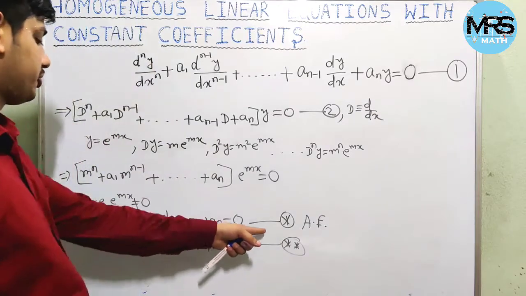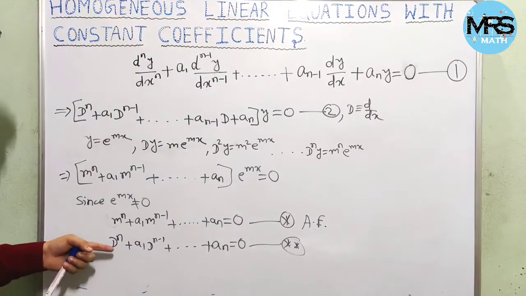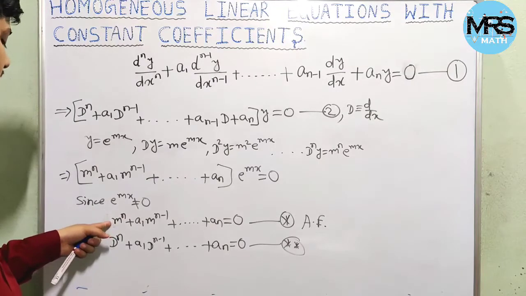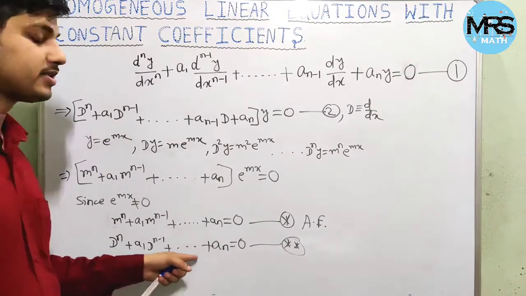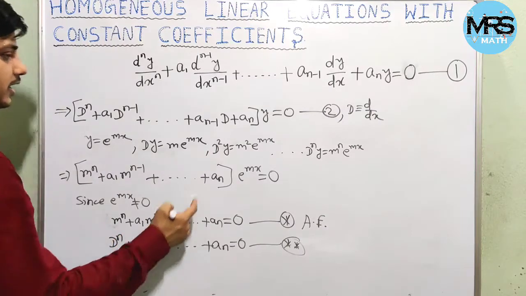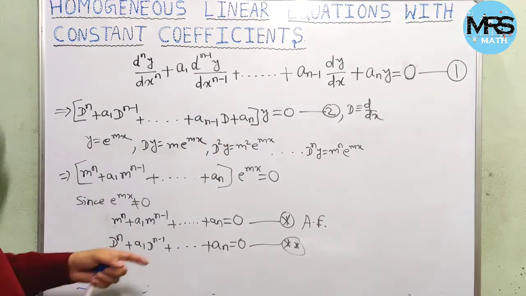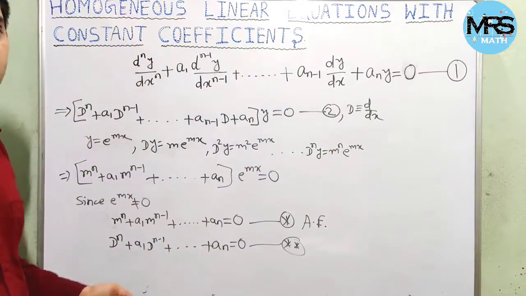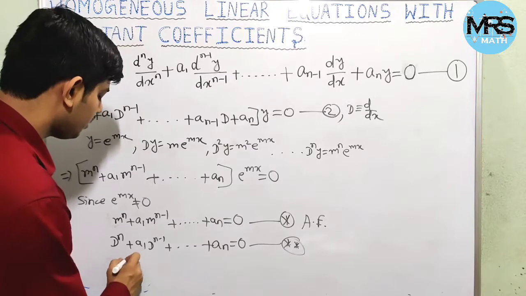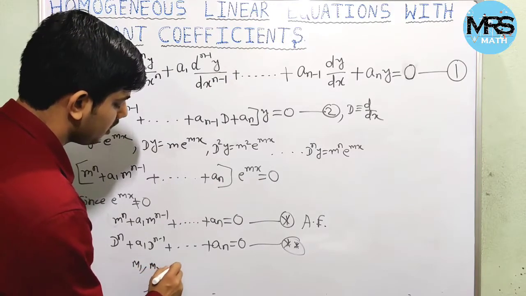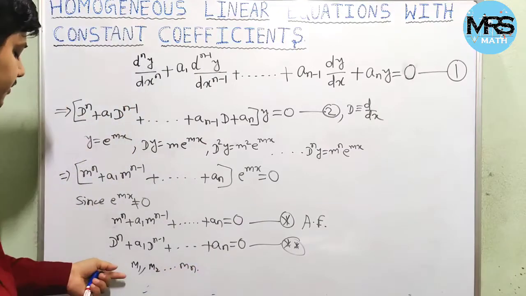So this equation star and double star will give the same value for m and for D. So this is the auxiliary equation for equation number 2 or equation number 1. These equations will give us the roots, that is m1, m2 up to mn.